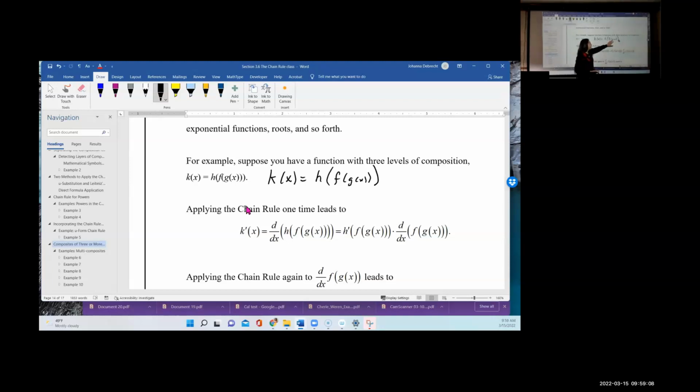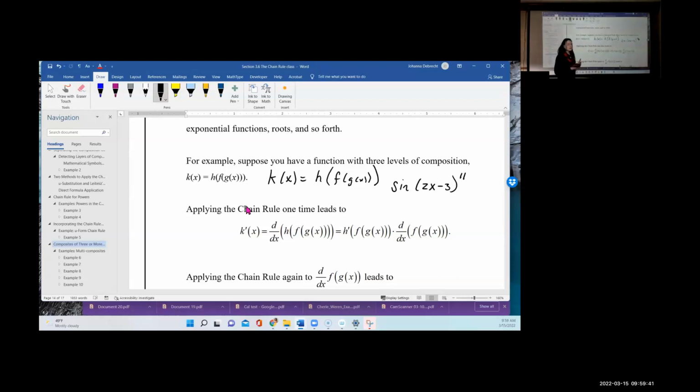g is inside of f in place of the variable x. f has gone inside of h in place of the variable x. So we've got what we call nested or layered composition. All right. So let me give you an example of a nested composition problem. Sine of 2x minus 3 to the 11th.